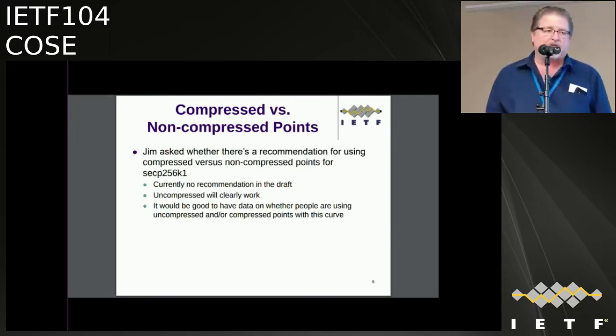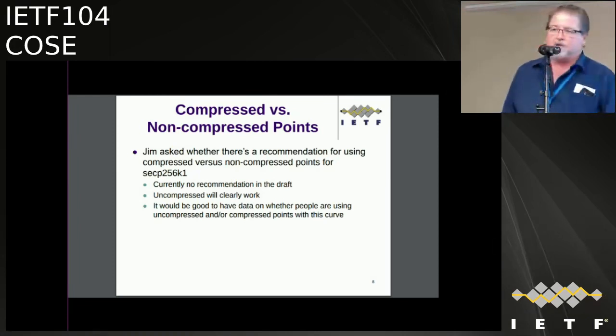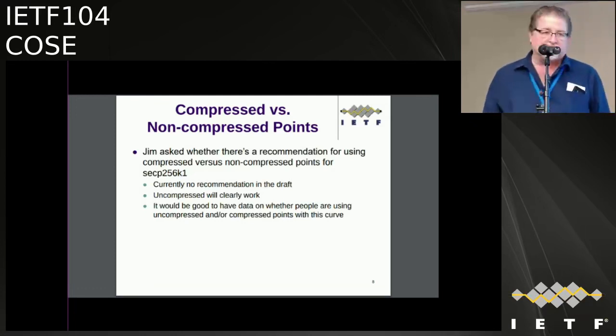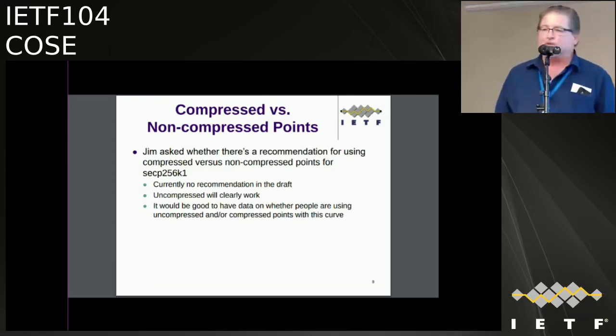I would be interested in having data on, for this curve, what are people doing in the wild? I know, for instance, that no matter what you think of them, the Bitcoin people use this, and I haven't looked into how they're representing the points. Does anyone in the room know?